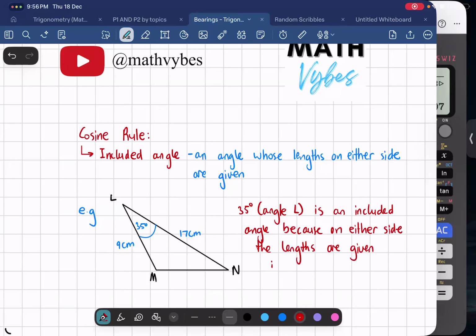And if you're confused, the lengths I'm talking about are LM, which is equal to 9 centimeters, and LN, which is equal to 17 centimeters.